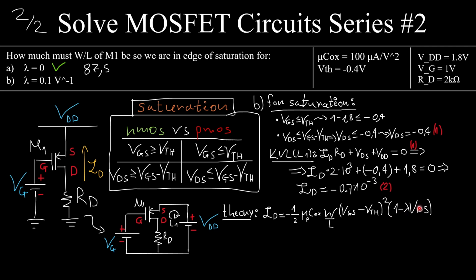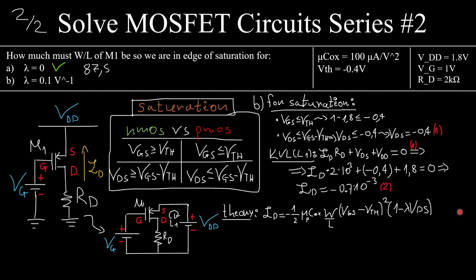For the nMOS device, it's plus. For the pMOS, it is minus. Why? Because this VDS is negative. And we can't really define a negative lambda because it would not have a physical meaning that made sense. So we just put a negative sign over here and do pretty much the same as we would do normally.